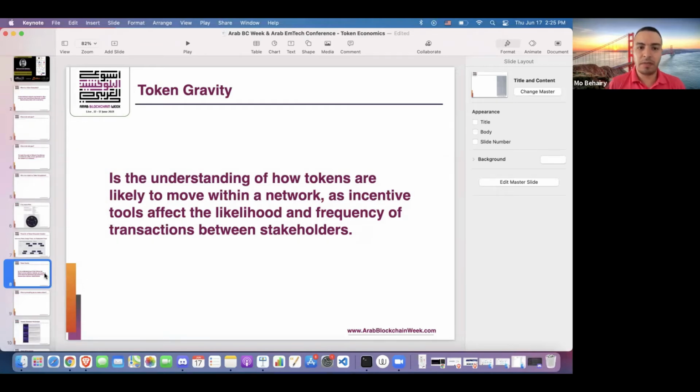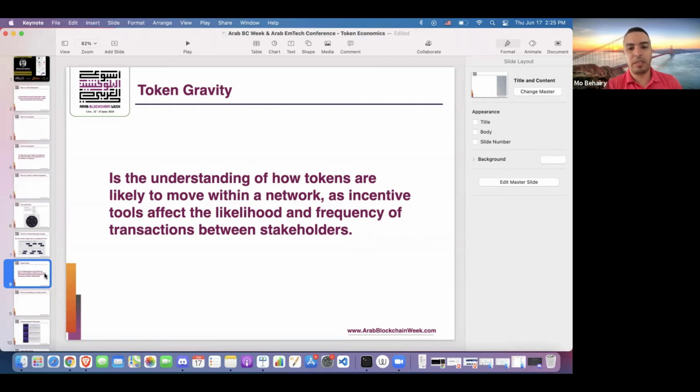So if a system has, let's say, restaurants, delivery people, and consumers, it's obvious that consumers will order food from the restaurants, and drivers will deliver the food from the restaurants to consumers. This is the logical transaction, but how will the token move, so that we don't end up with a network where only restaurants own all the tokens, or only the consumers or the drivers?